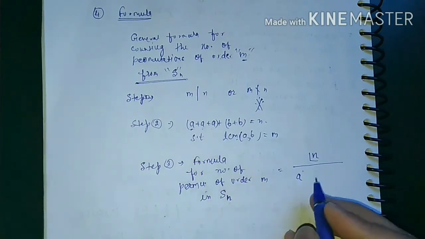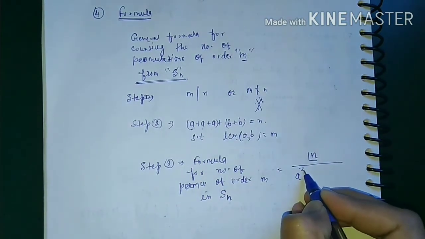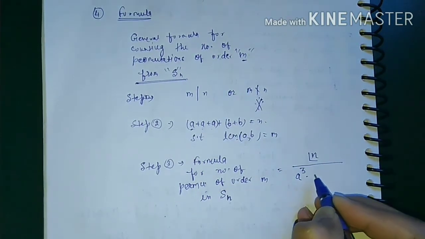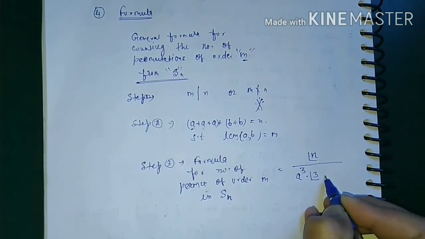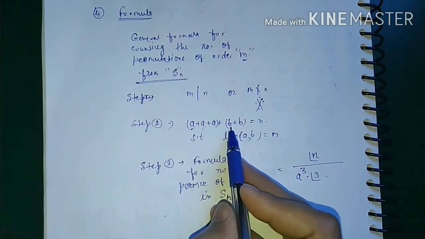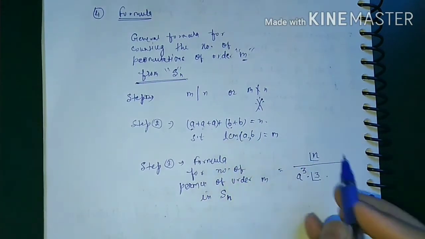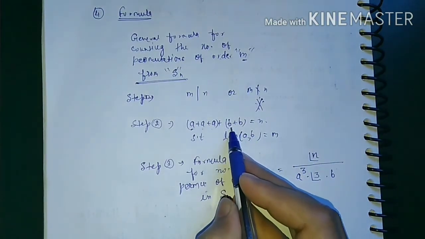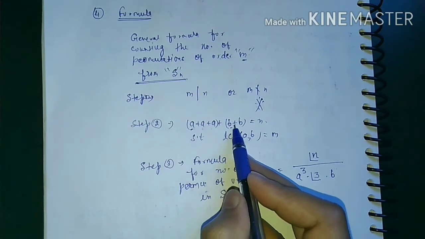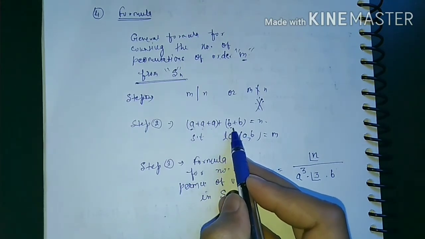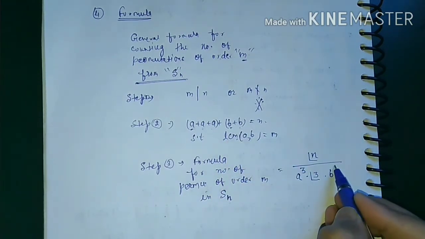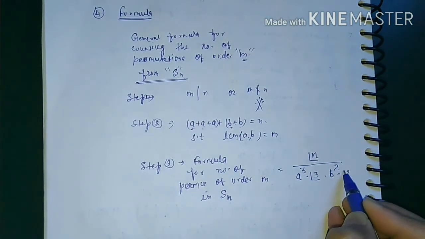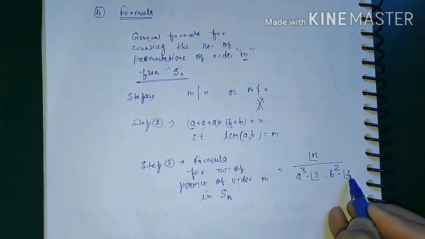So in the power of a we write 3, and in the multiplication we write the factorial of this number, that is factorial 3, into the second element from this partition, that is b, and in the power of b we write how many times b repeats itself, 1, 2. So write 2 in the power of b and multiply by the factorial of this number, that is factorial 2.